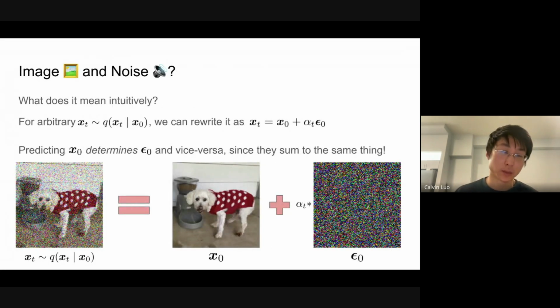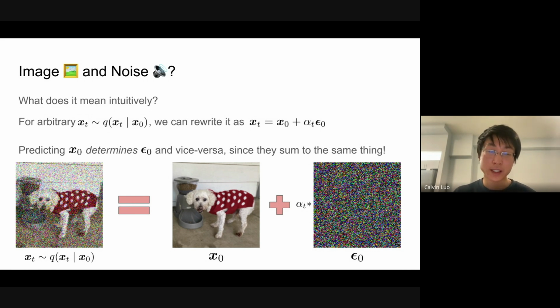And let's try to provide some intuition. Recall in the reparameterization trick that xt can be rewritten as x0 plus alpha t times epsilon 0, right? We visualize it below using the images. xt is the noisy image, x0 is the clean image, and xt was generated by applying some scaled version of epsilon 0.